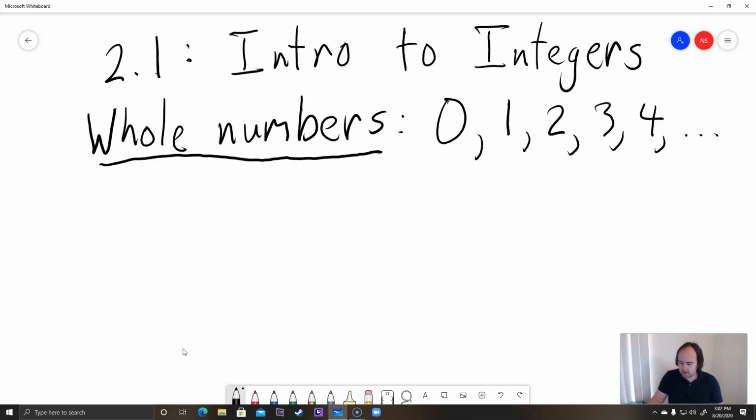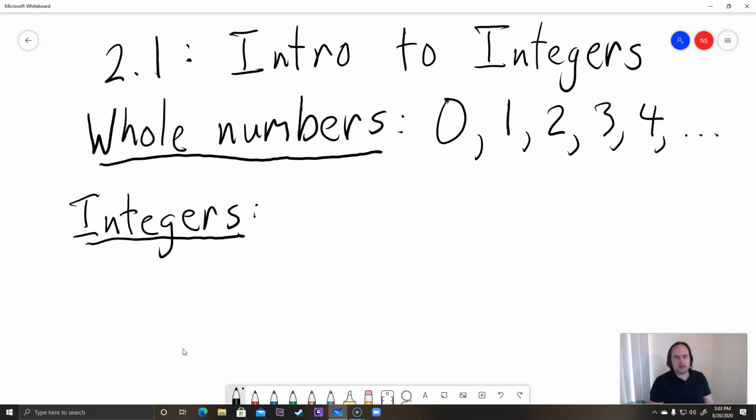So what are integers? Integers include all the whole numbers, okay? But they also include all of the negative counting numbers. So instead of starting at 0, they start all the way at negative infinity, okay?